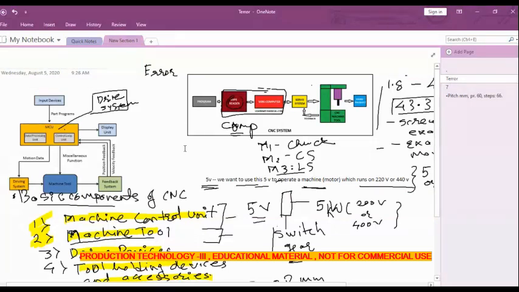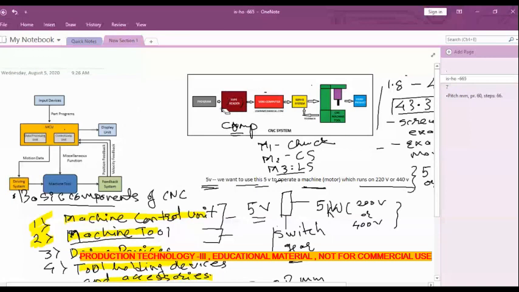So a computer numeric control machine will have different components, and it can be classified based on whether the control is possible or not possible. If the control is possible, we say it is a very accurate machine.